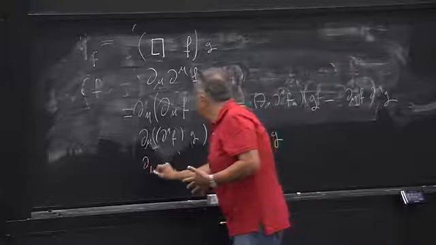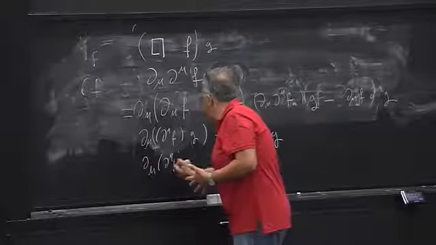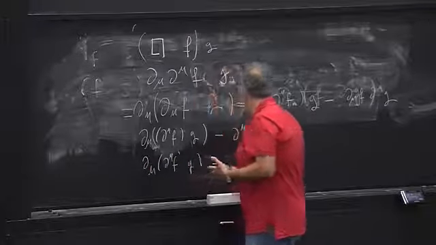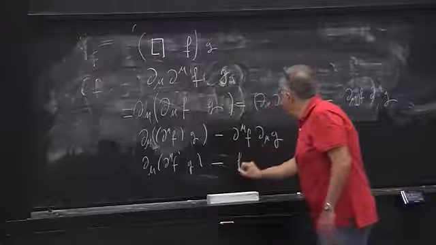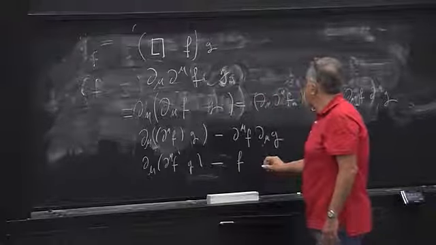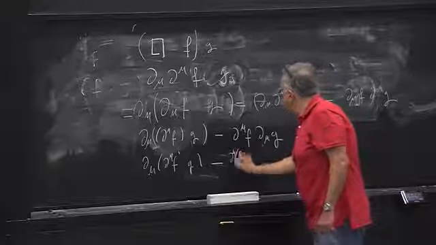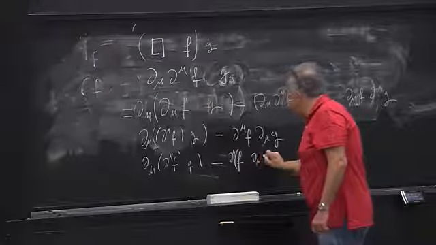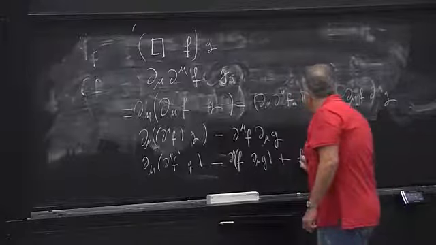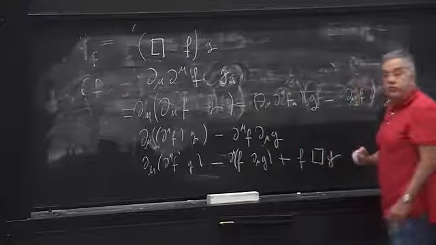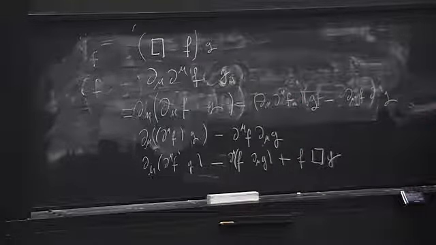This is d mu f times g minus f, minus d mu f d mu g plus f the d'Alembertian of g. Okay, now I'm there.